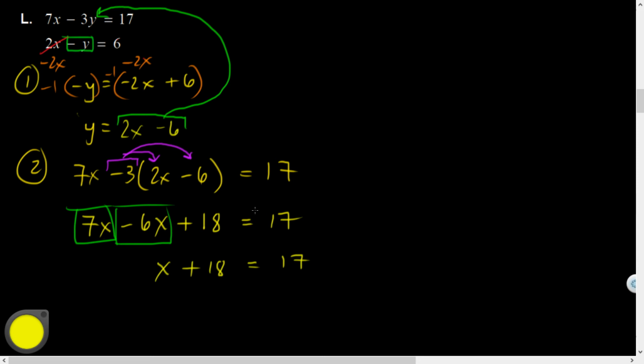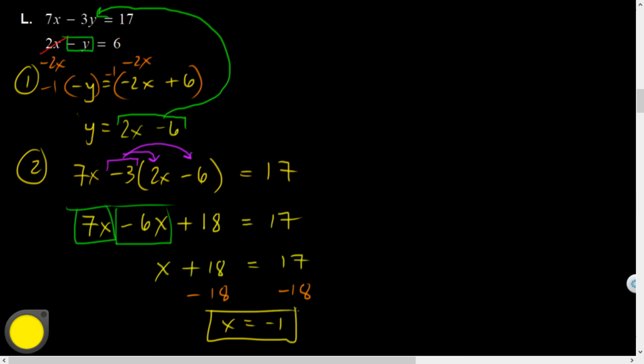No, they're already on the same side of the equal sign, so I just combine them. Whereas over here, I wanted this on the other side, and the way I do that is by subtracting in that case. To get x by itself, I'm going to subtract 18. And I get x equals negative 1.